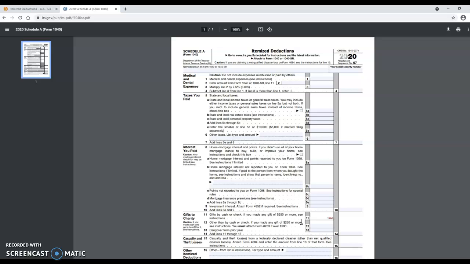And then the other thing was the mileage, which was the $1,000 times the 14 cents a mile is $140. So that's less than $250.